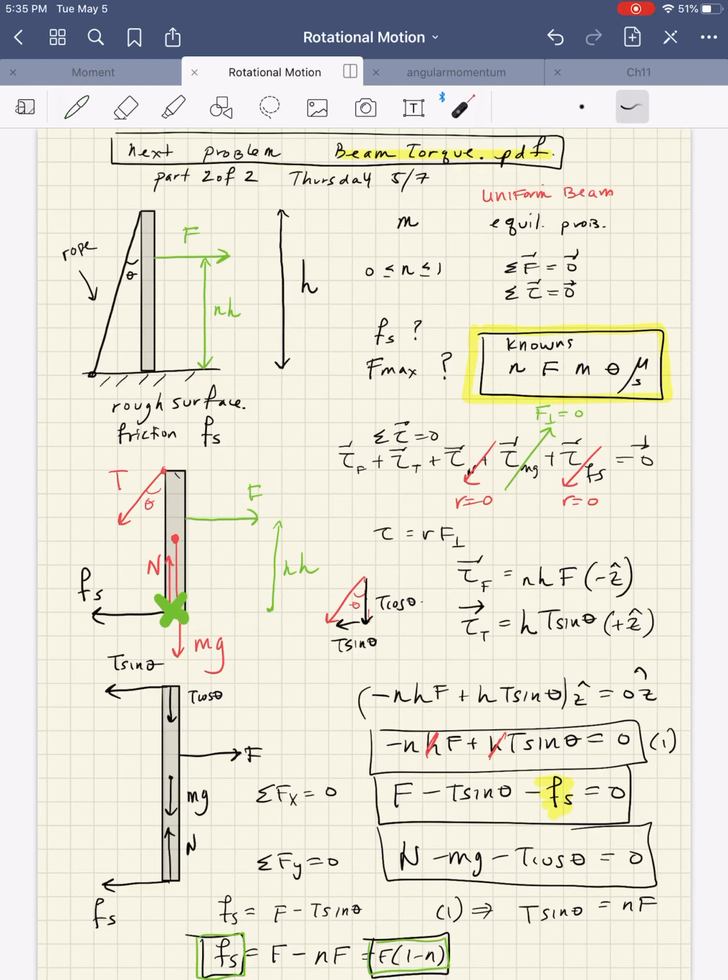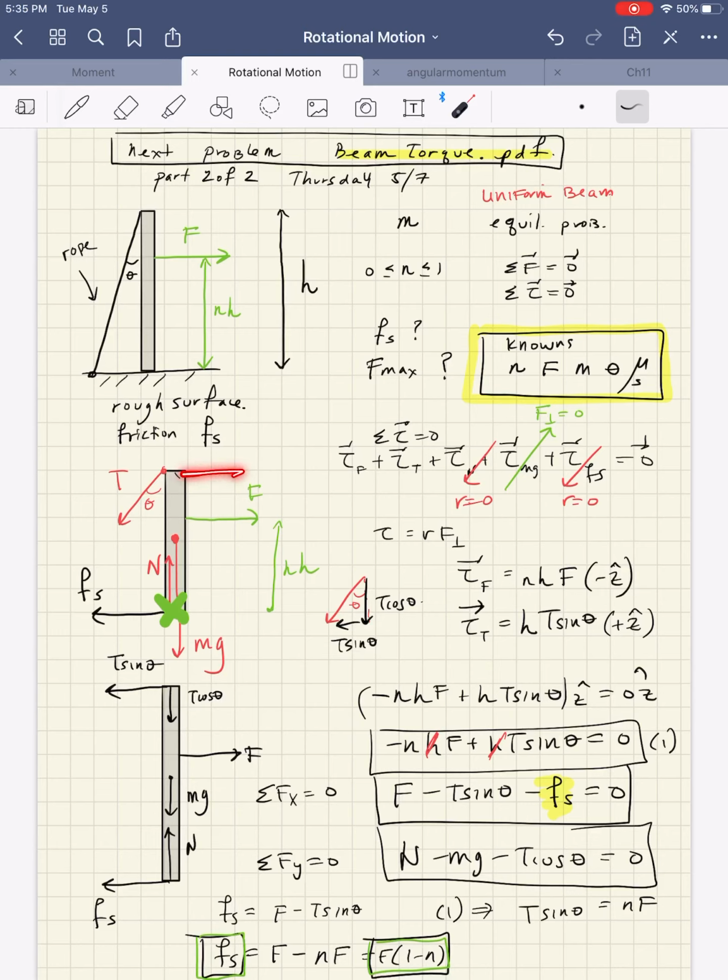And what this is telling me is that if n equals 1, and I'm pulling all the way at the top, there's no real need for the force of static friction; it's effectively zeroing out.